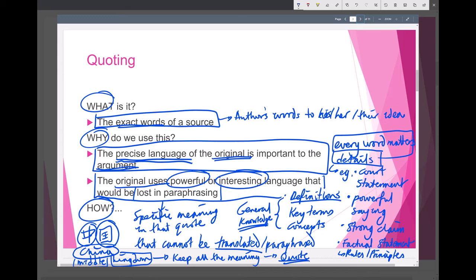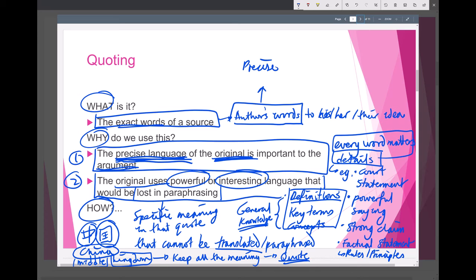So again, 2 reasons why you would quote. 1, you want to use the exact terms, the precise language in what the author's idea is. So you use the author's words, so you be precise.